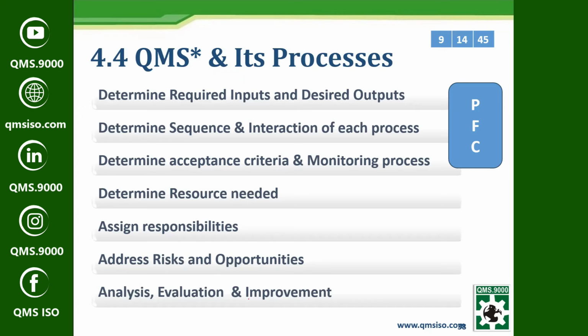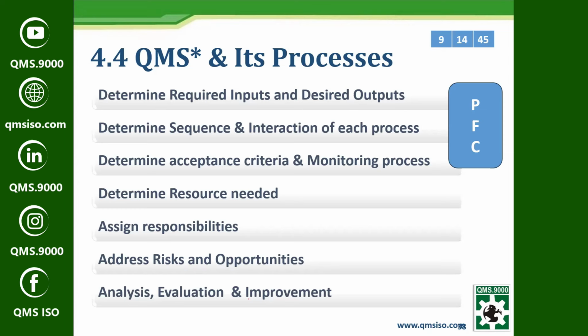Simply, on the right-hand side, PFC, process flow chart, or process flow diagram. So the interrelation of processes you need to define through process flow charts. This is the process. After this process, then is the next process, then this is the quality control.